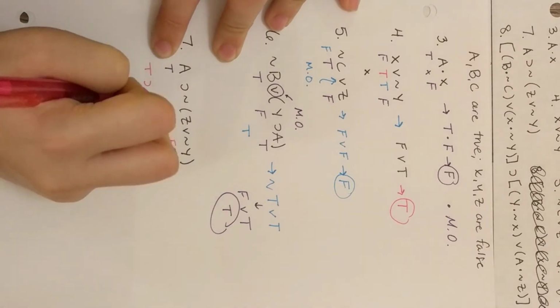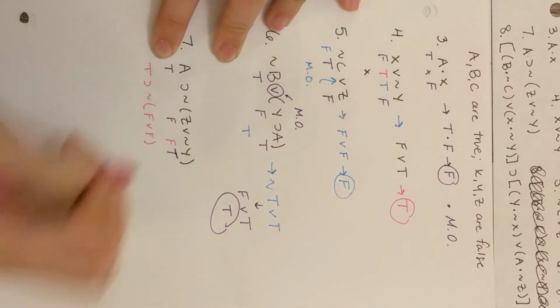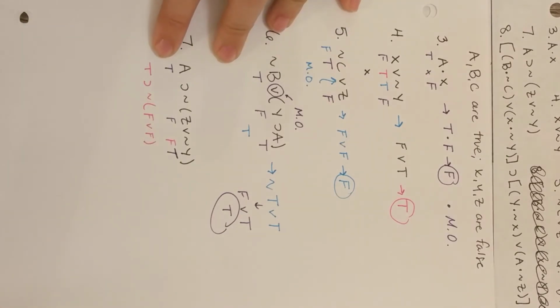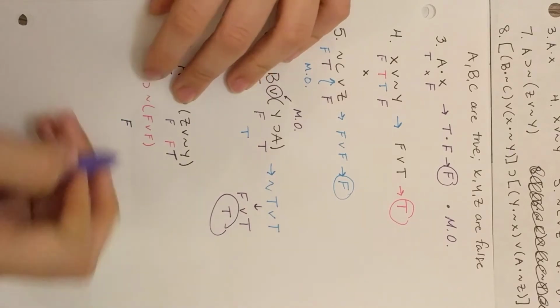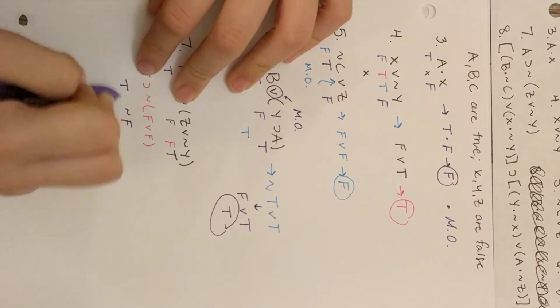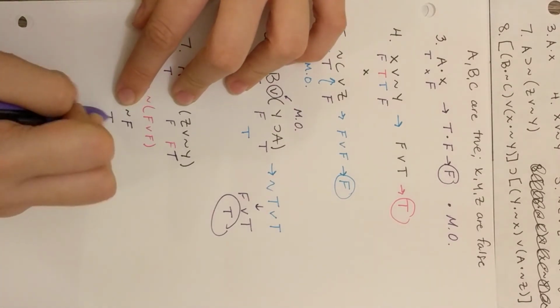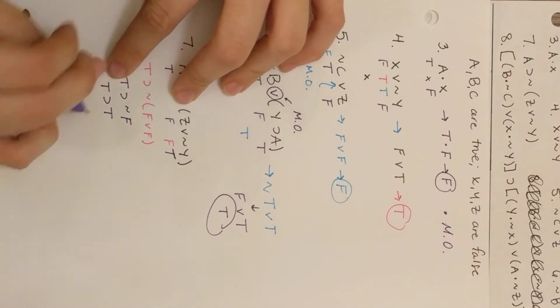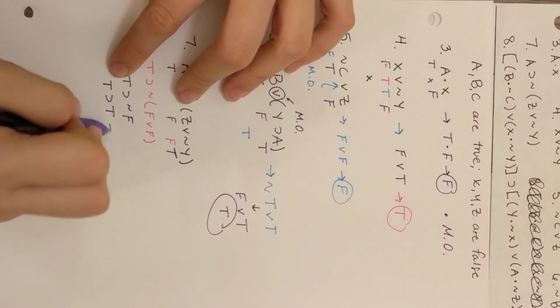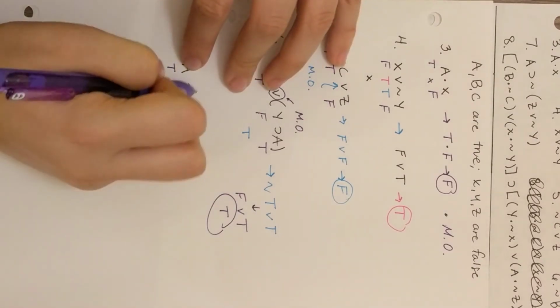If true, then not false or false. So false or false is still false. So if true, then not false. Not false is true. So that becomes true or, if true, then true, which is true. And the horseshoe is our main operator.